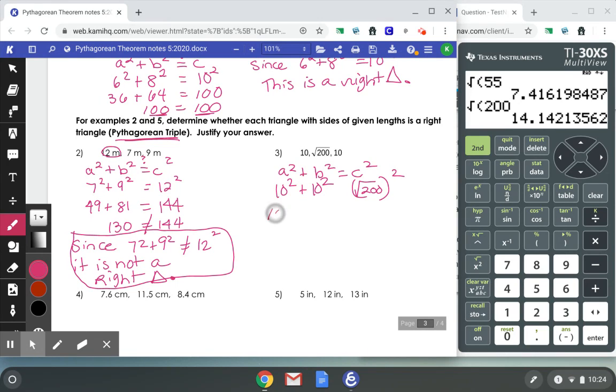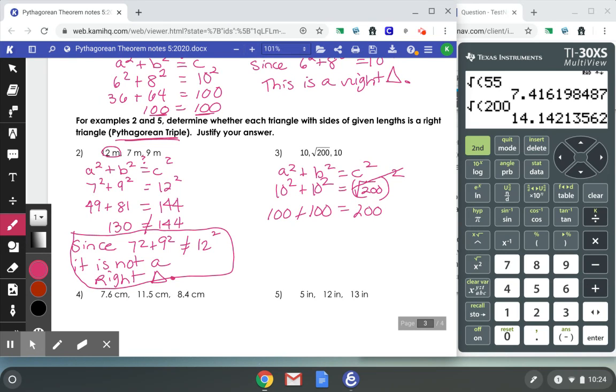10 squared is 100 plus 10 squared is 100. The square root of 200 squared. Now remember, square root and squaring something are opposites of each other. So if I'm squaring the square root of 200, that kind of cancels out the square root.